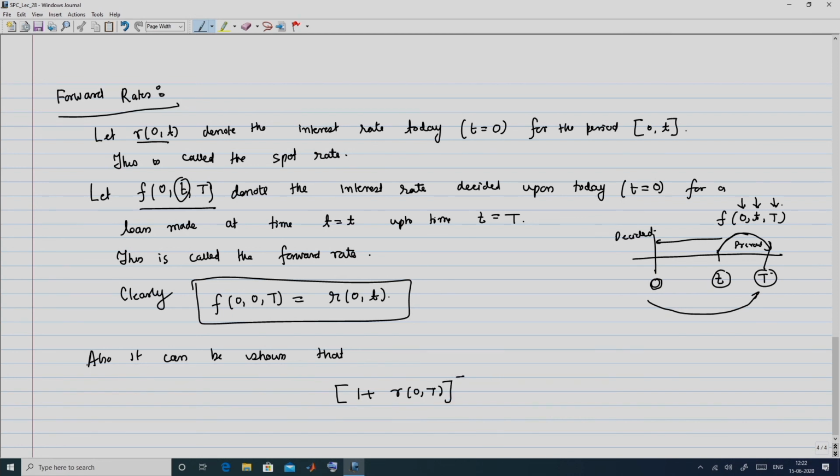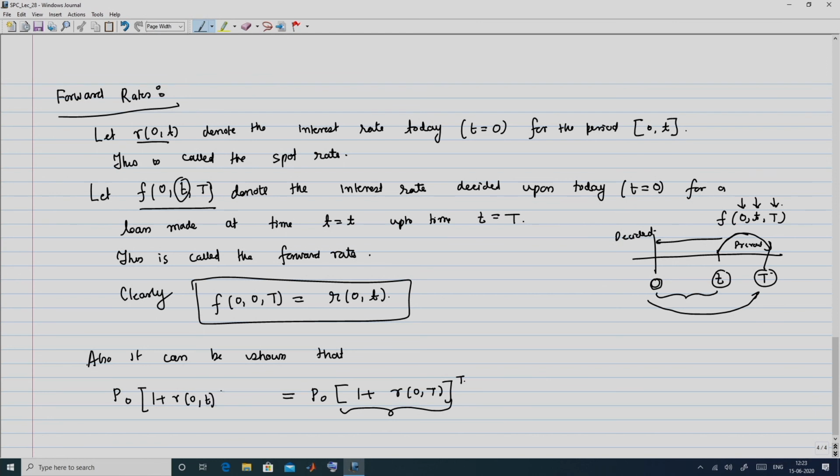The accumulated interest in the period is (1 plus R(0,T)) raised to T. So, if you start off with an amount P naught, it grows by a factor of (1 plus R(0,T)) raised to capital T, and this is equivalent to an investment of P naught for the period from 0 to small t.